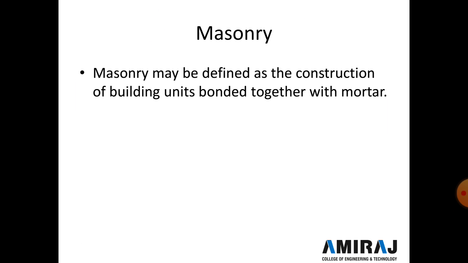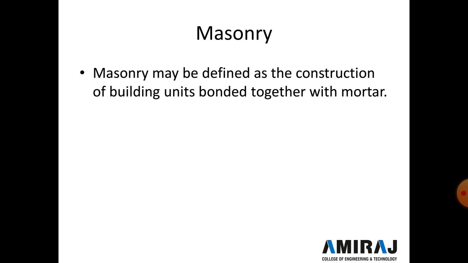So first, what is masonry? Masonry may be defined as a construction of building units bonded together with mortar. The building unit, commonly known as a masonry unit, may be stone, brick or precast concrete block. Nowadays we generally use precast concrete blocks.